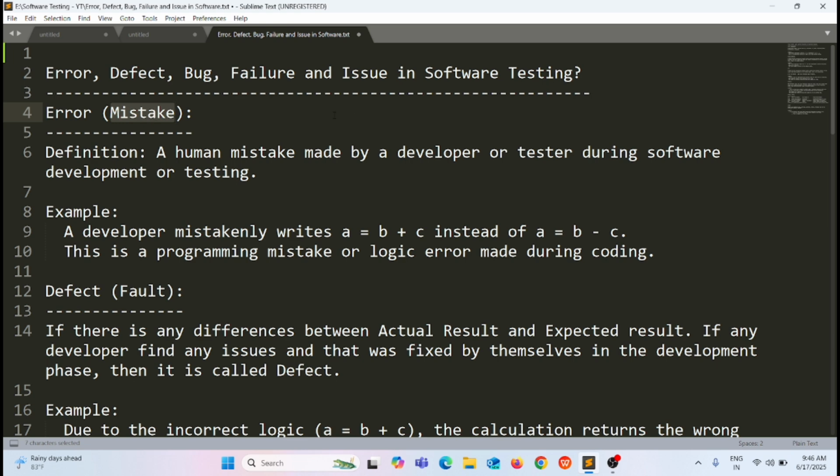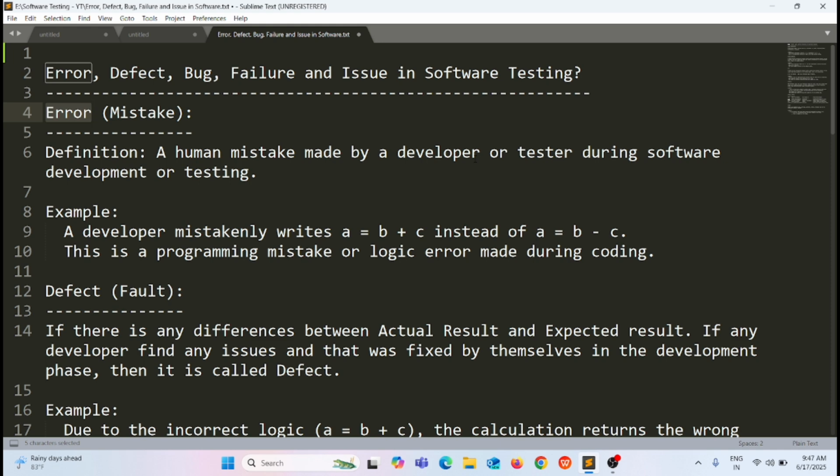Whenever a developer makes some mistake in the development phase, that is called an error. When a tester makes some mistake in the testing environment, that is also called an error. So a human mistake made by a developer or tester during software development or software testing is called error.